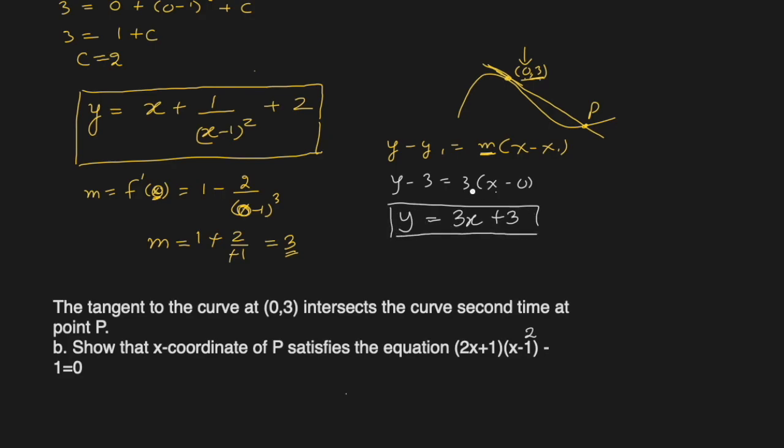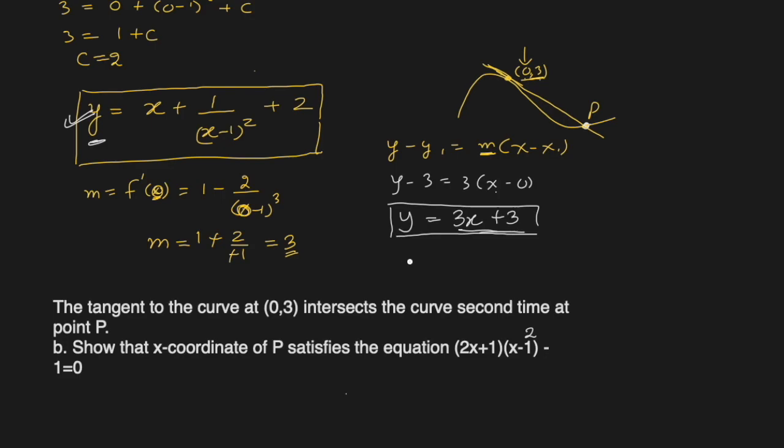But this was not the requirement. The requirement was the coordinate of P. And now we can equate this 3x plus 3 with the curve here, because the y coordinate will be the same at P for the curve as well as the tangent.